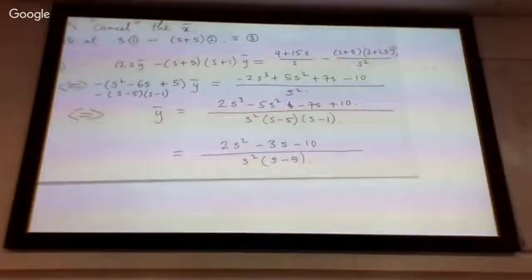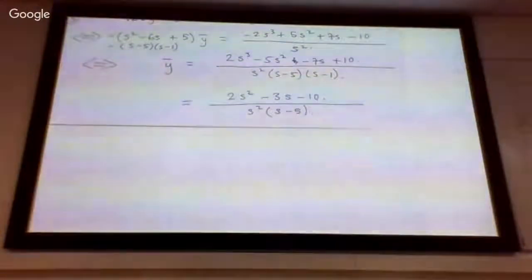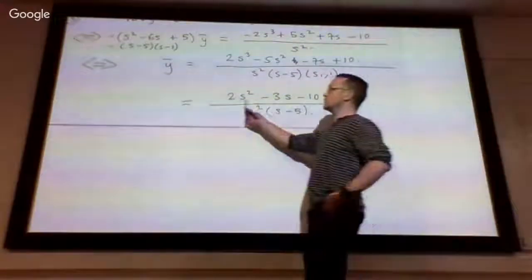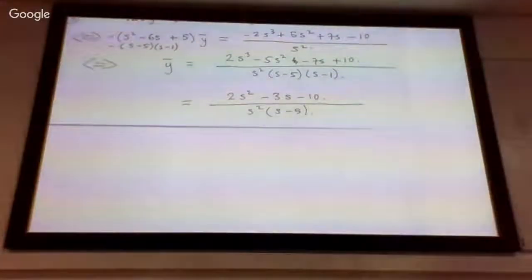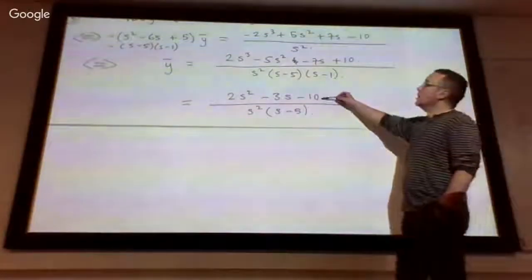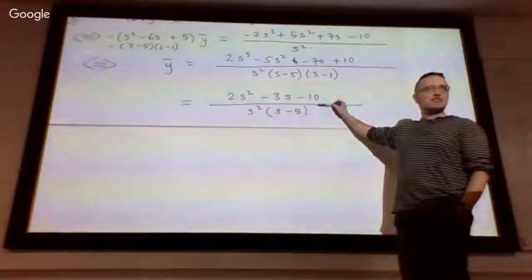Okay, so now this is looking like something we ended up with at the end of step 3 before. We've got a solution for one of the unknown functions. So in principle, we're just going to take the inverse transform here to recover y of t. But we can't do it immediately because this is a complicated rational function.